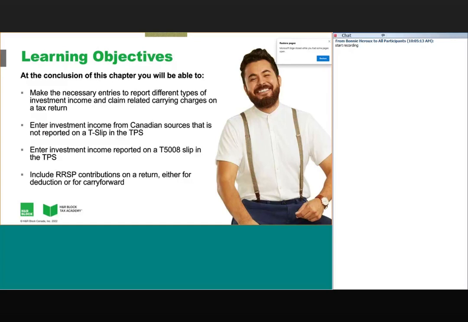We will learn how to enter investment income from Canadian sources that are not reported on a T-slip, and how to enter investment income reported on the T5008. We're also going to include RSP contributions on a return, either for deduction or carry forward.